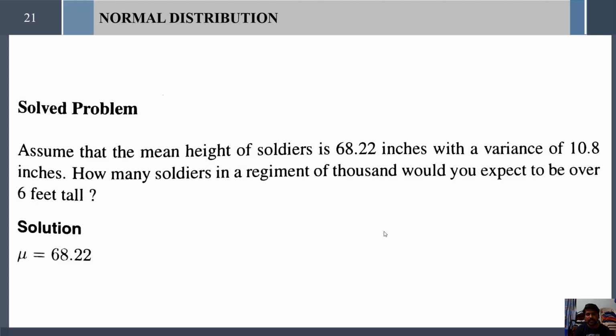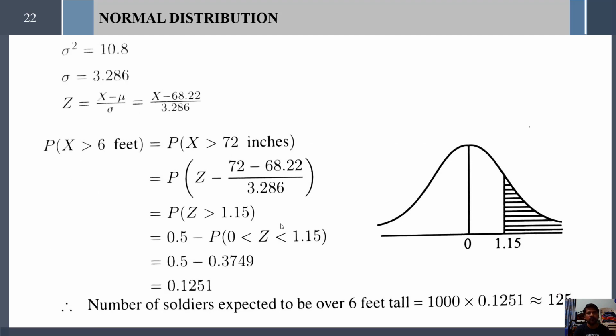Okay. Here we are given the mean height of soldiers, mu, equal to 68.22. And next we are given another piece of data, variance is 10.8, that is sigma square equal to 10.8. But then we can easily find sigma equal to 3.286.